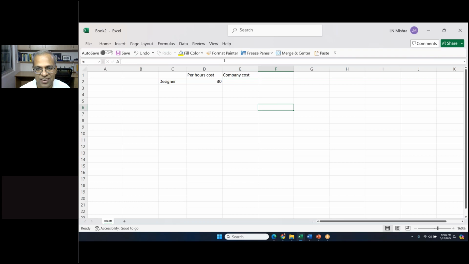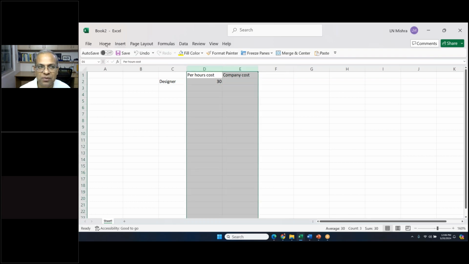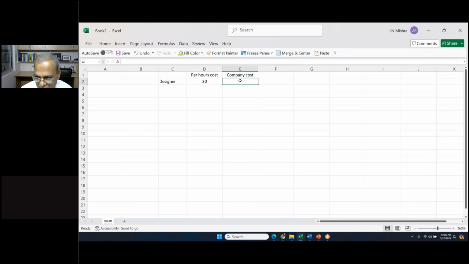Some of you are business analysts, so you should know the difference between what you pay and what it actually costs you. Because a company has sales and sales function, it has administration, it has HR function, it has so many things which is taking care of everything that is running within the company. So in general, we would treat this as two times, $60 per hour.